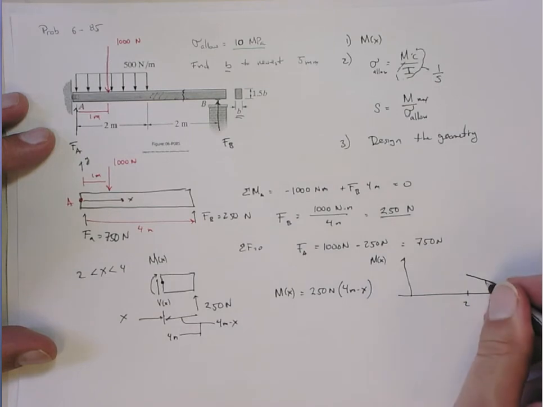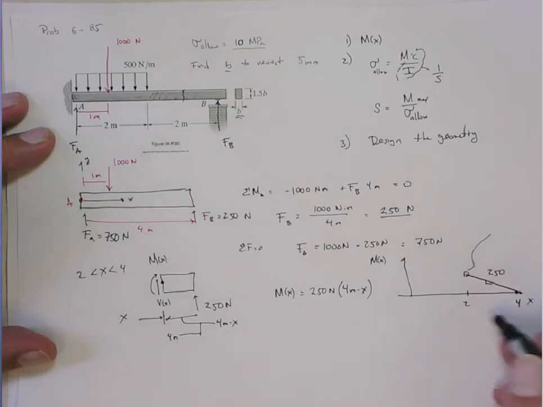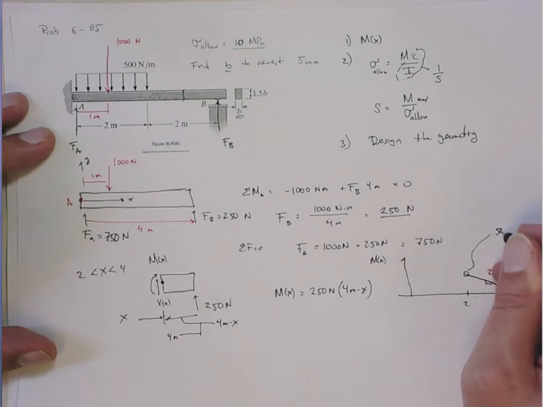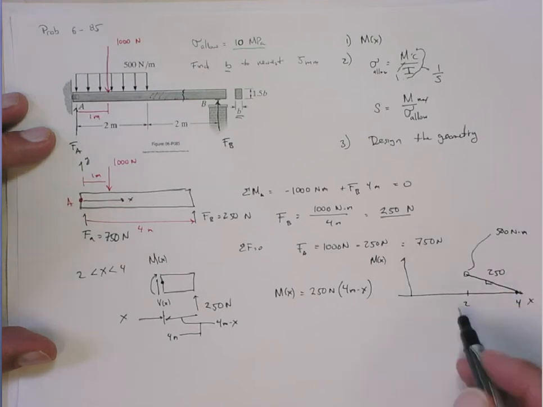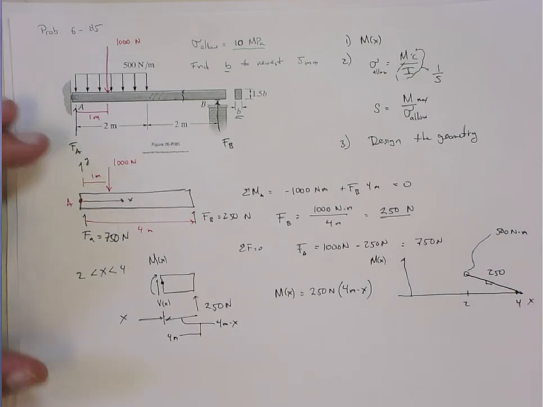At this point, the bending moment should be 500 Newton meters, right? Because it goes up with the 250, starts at 0, and it's over 2 meters. So 2 times 250 is 500.